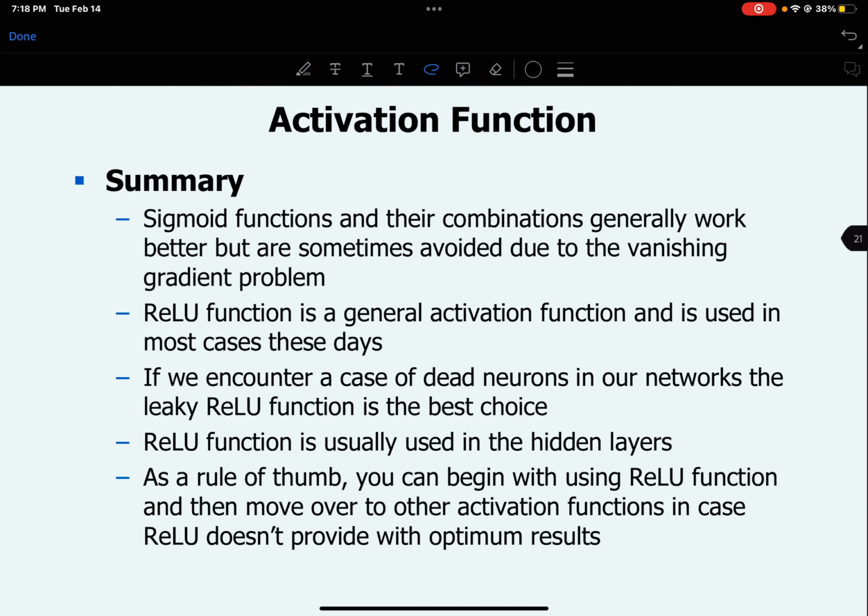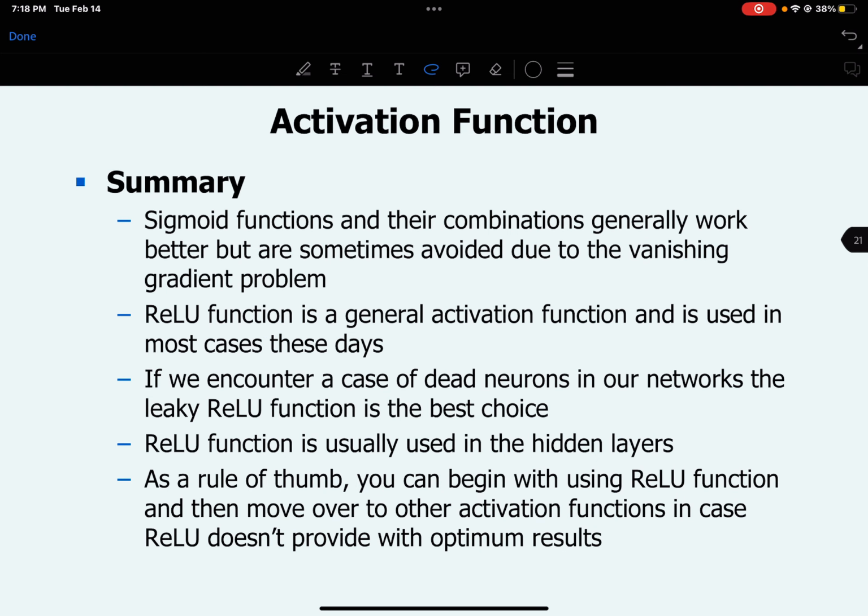So what we have studied here is that sigmoid function and their combination generally work well. However, there can be a vanishing gradient problem. So ReLU activation is mostly used these days.